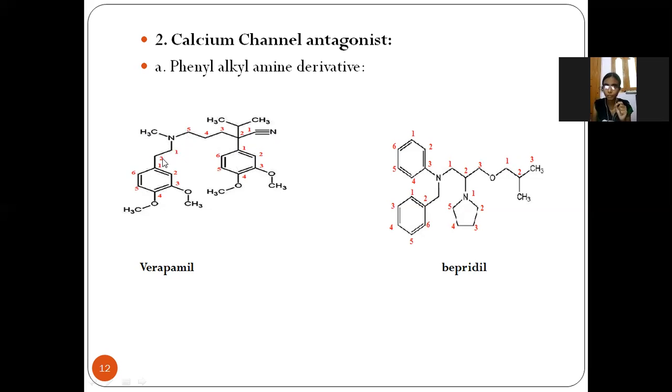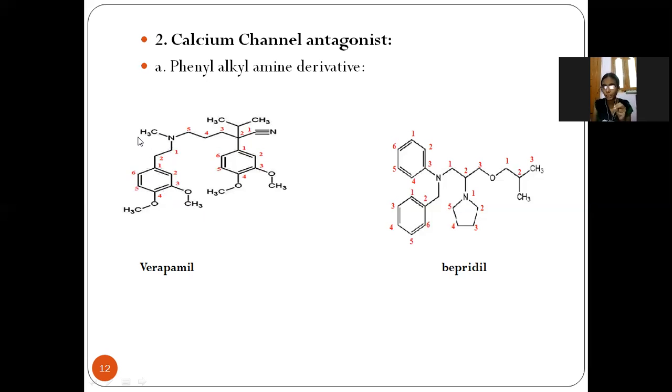So to the methyl amide, here ethyl group is attached. See here 1, 2. 2 carbon atoms means ethyl, and to this ethyl, the 3,4 dimethoxyphenyl is attached. See here 3 and 4th position, the methoxy group is attached. So it is dimethoxyphenyl which is attached to the ethyl group, and this ethyl group is attached to the methyl amine. See here, this is the methyl and N means amine.